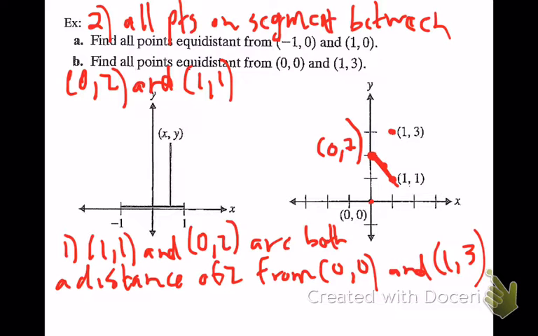Alright, now, what other generalizations can we make? What other points would be equidistant from those 2 points? Eli was on the right track when he said all the points on y equals 2.